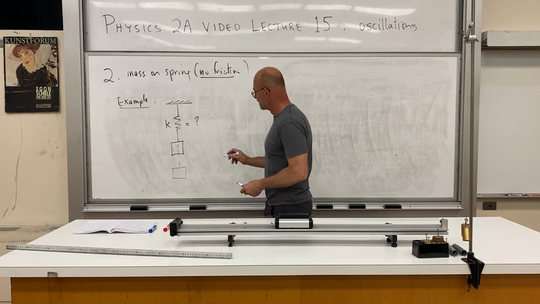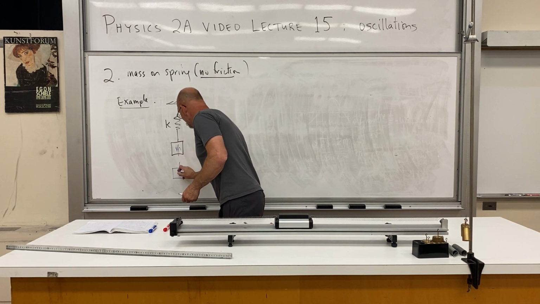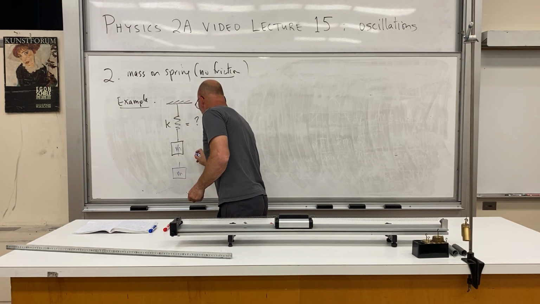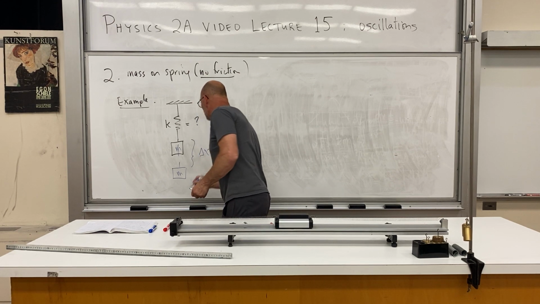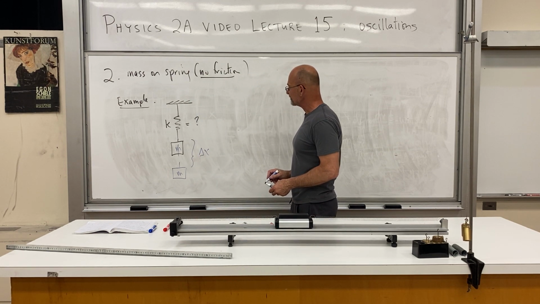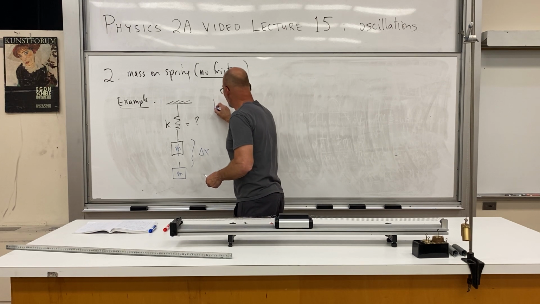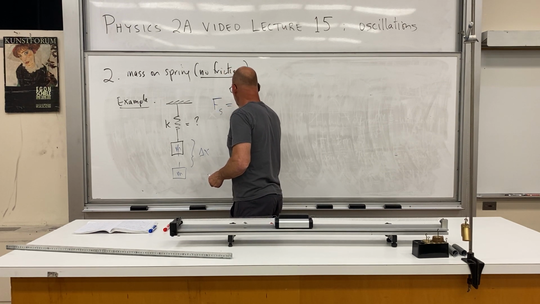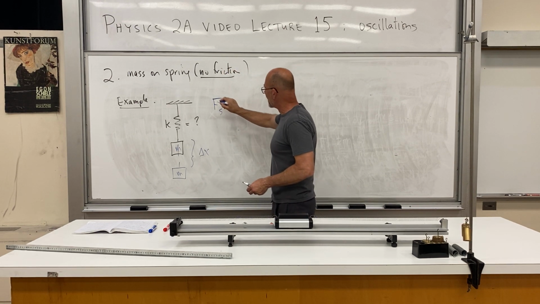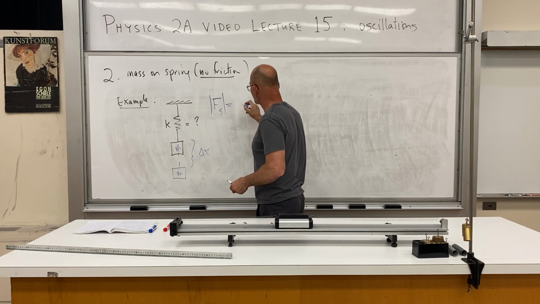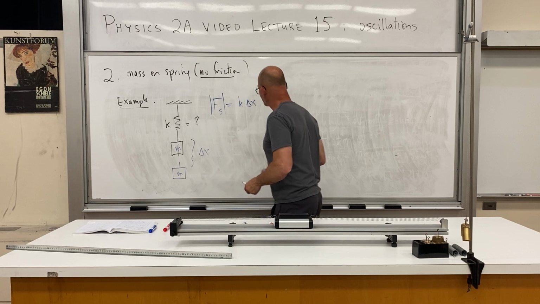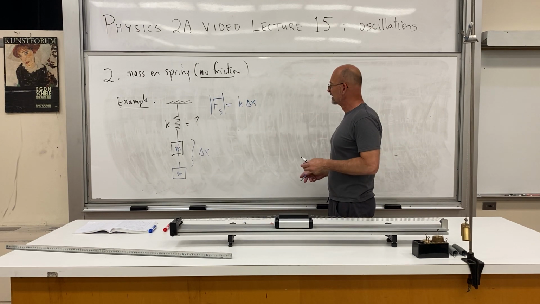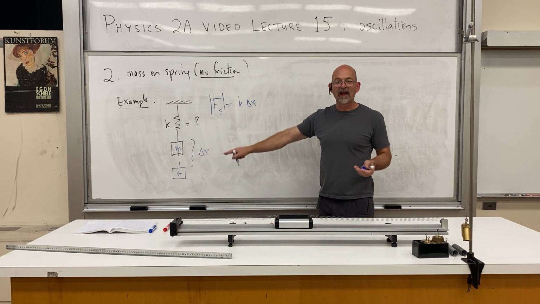So we've got a mass, it stretches down to here, and now we have a delta x, I'll call it. And then we can say, well, Fs, just magnitude-wise, don't need the minus sign right here, is equal to k delta x. We're changing x. And then we can say what k was.